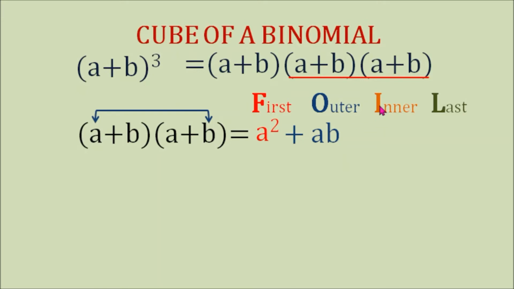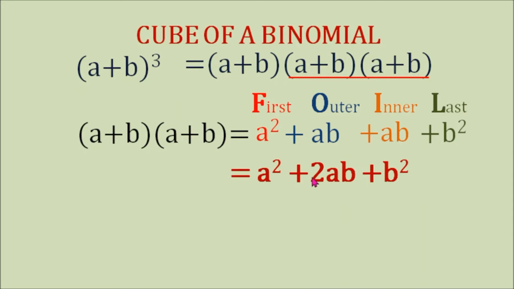I stands for product of the inner terms, that's b times a, and that's ab. Then L stands for product of the last terms, that's b times b, which is equal to b squared. We can combine ab and ab, so our answer is a squared plus 2ab plus b squared.